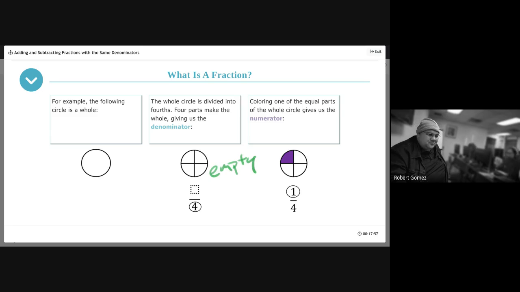So I'm just going to fill up one part with grape Kool-Aid. Now in these four available spaces, because remember, this is still one whole, one space is now being filled. So that's one way of looking at it.